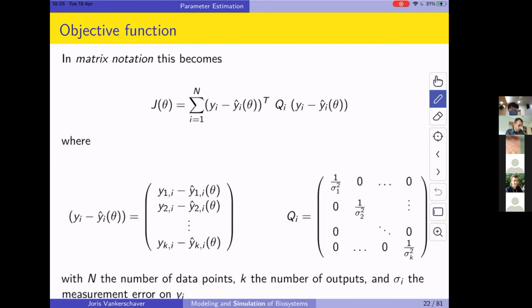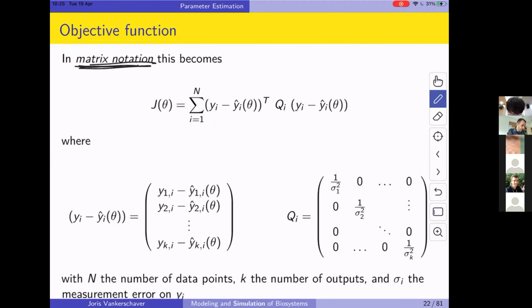One thing that's going to be useful for us, I'll just mention what's going on here, and then we'll skip over this. The important thing here is the matrix notation. In some cases, we will write down our objective function in matrix form, because it's easier to work with than always having to write that sum.